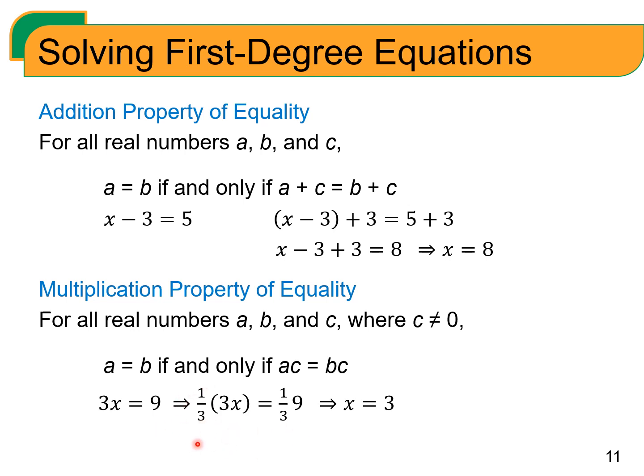Why? Because 1/3 times 3 equals 1. We get x on the left. However, the right-hand side now gives us 3. And this x equals 3 is a solution of 3x equals 9. So solving a complex equation simply involves doing a bunch of maneuvers of the addition property and multiplication property.